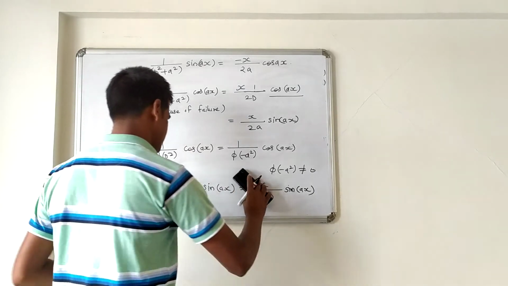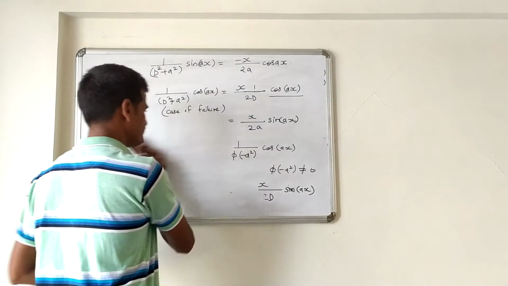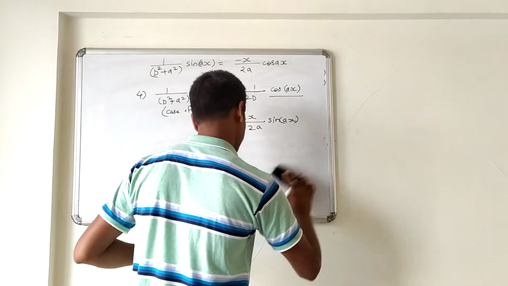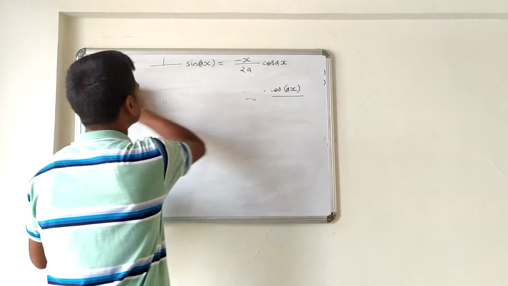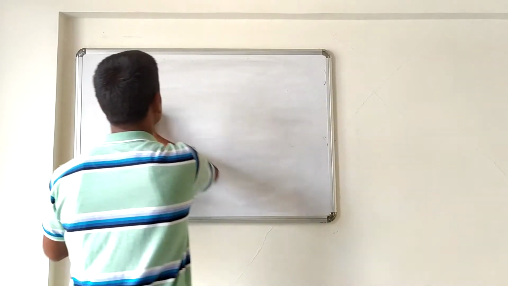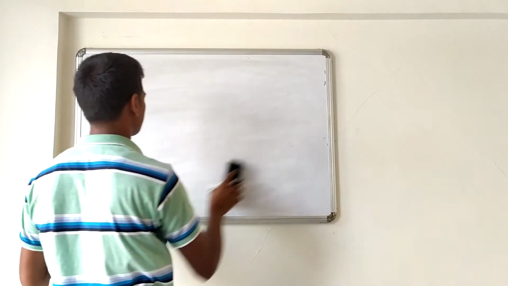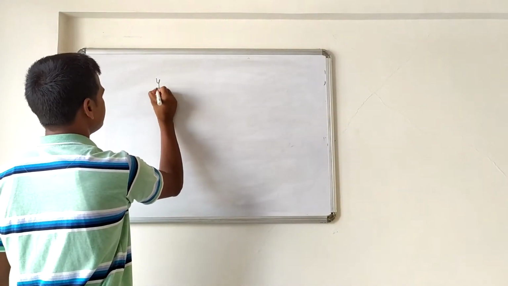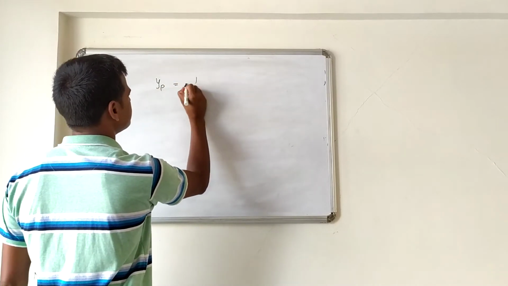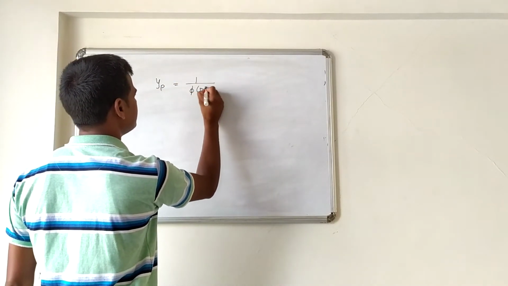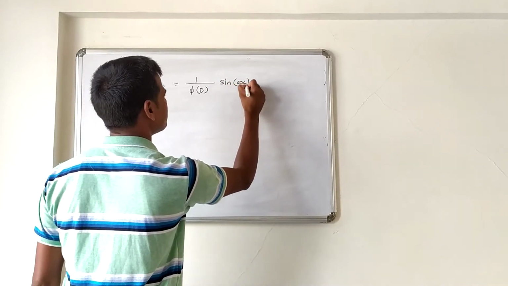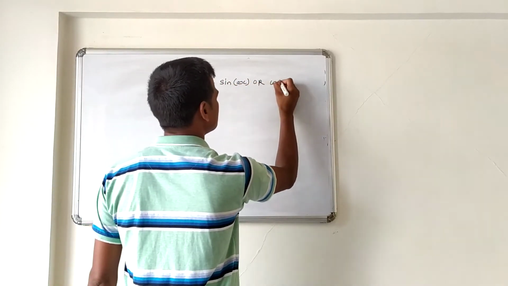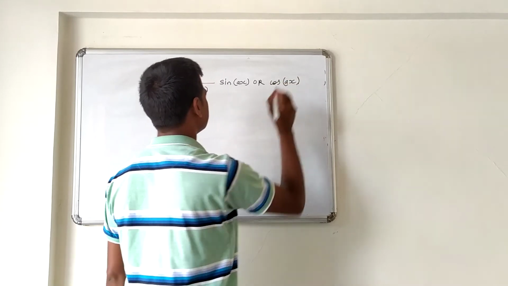Now we will discuss how to find the particular integral. Let us say the particular integral is equal to 1 upon phi of d operated on either sine of ax or cos of ax.